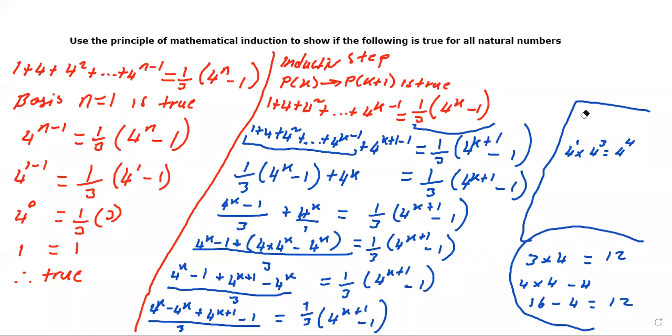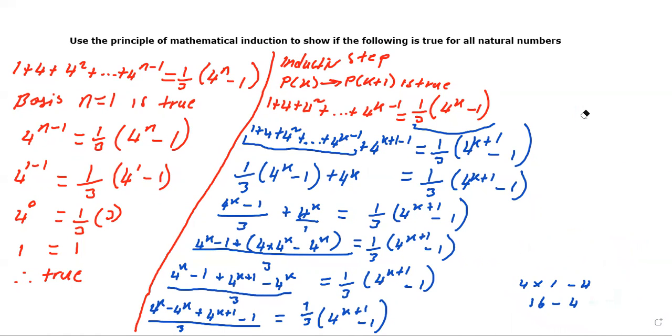And we are pretty much there. So I'll continue on the right side. All right, so let's continue over here. So 4 to the k minus 4 to the k, that's 0.